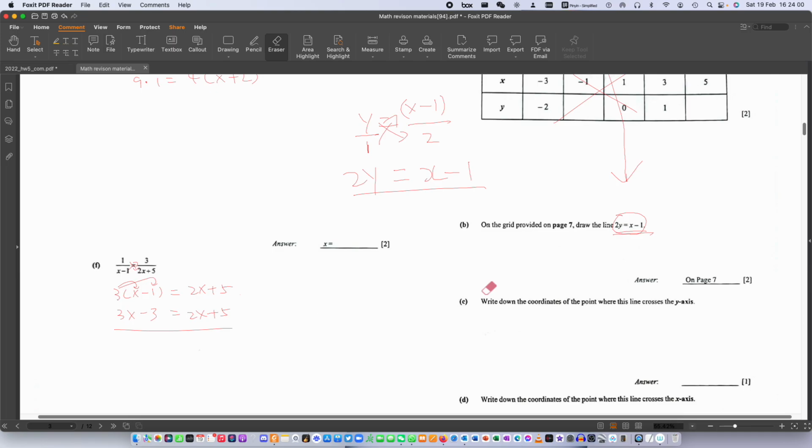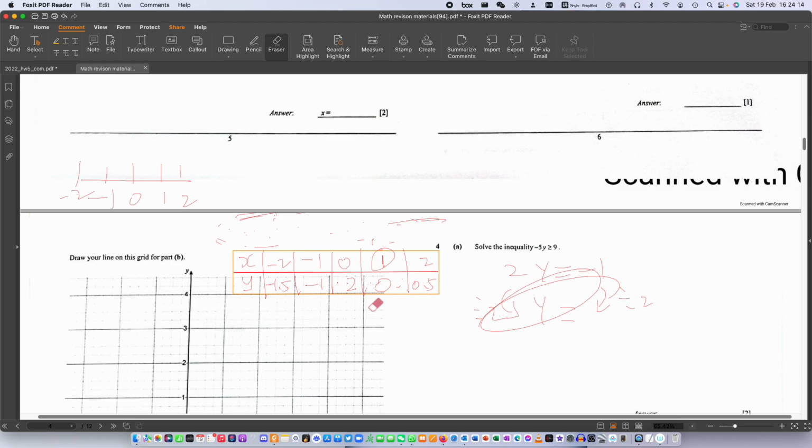So when you sense something is not right, this is the equation: 2y equals to x minus 1. So you need to retest this point, this 0 and 2. So you put the 0 into it. Write down the equation first. Write 2y equals to x minus 1. So now your x is equal to 0.